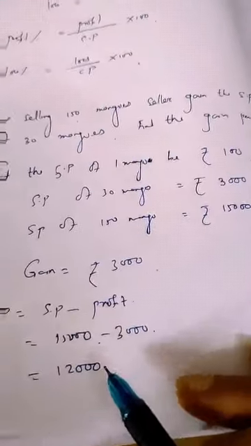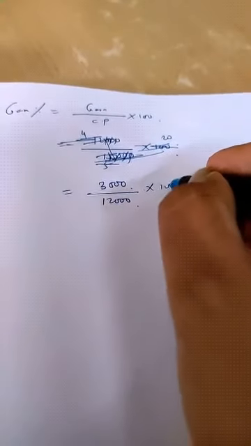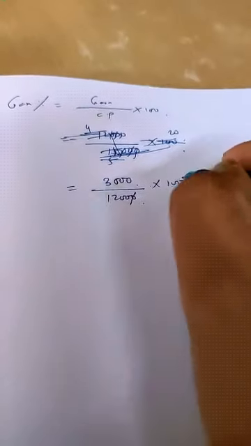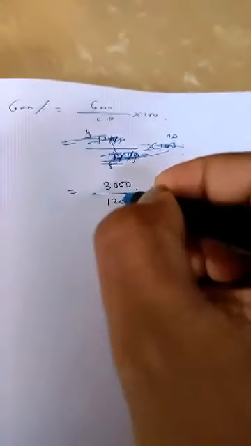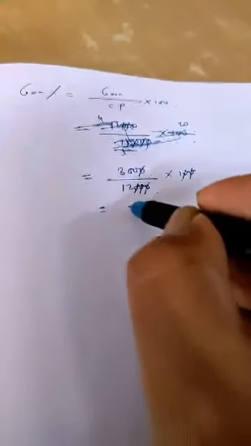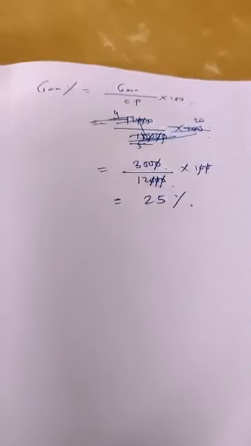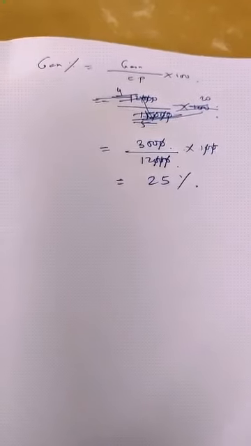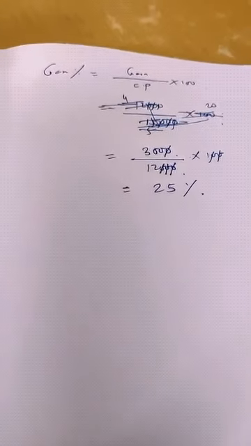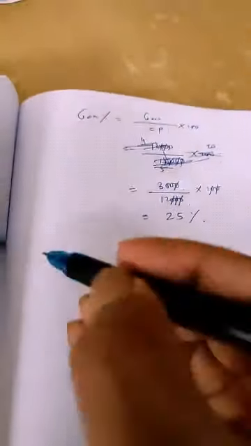Your cost price is 12,000. Gain 3,000, cost price 12,000 into 100. So cancel the zeros. 12 4s are 48, 12 5s are 60. So 25%. Okay? Understood?